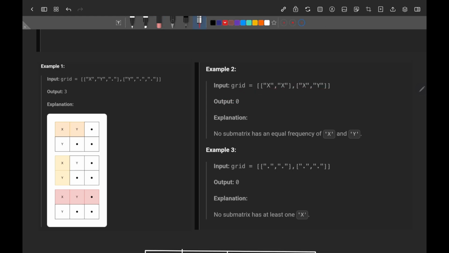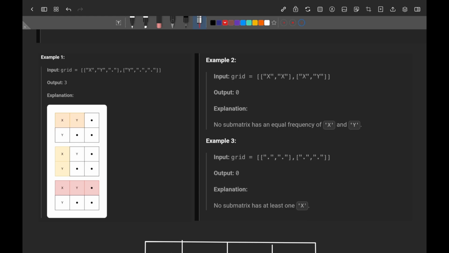Let's go to the solution of this question. To solve this, we need to count the x and y in every possible submatrix. We can use something called a 2D prefix sum array to make this easier. This 2D array will help us keep track of the number of x and y up to any point on the grid.